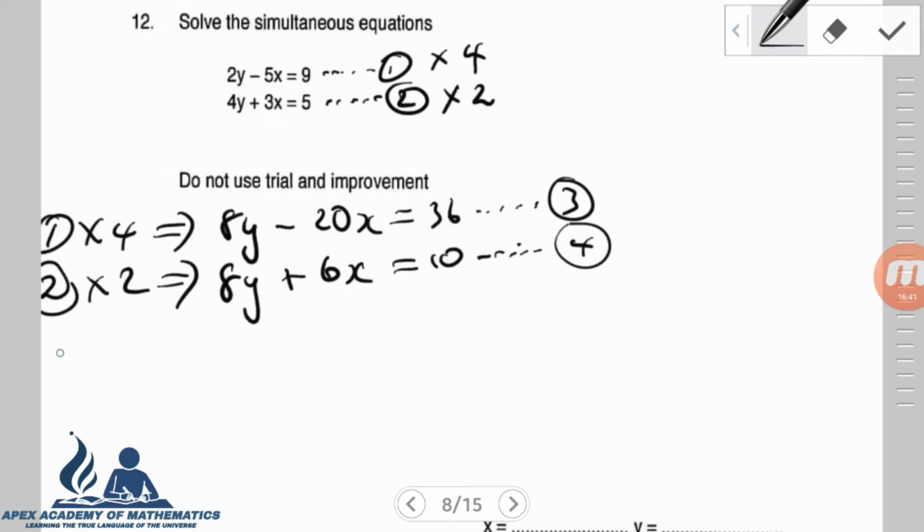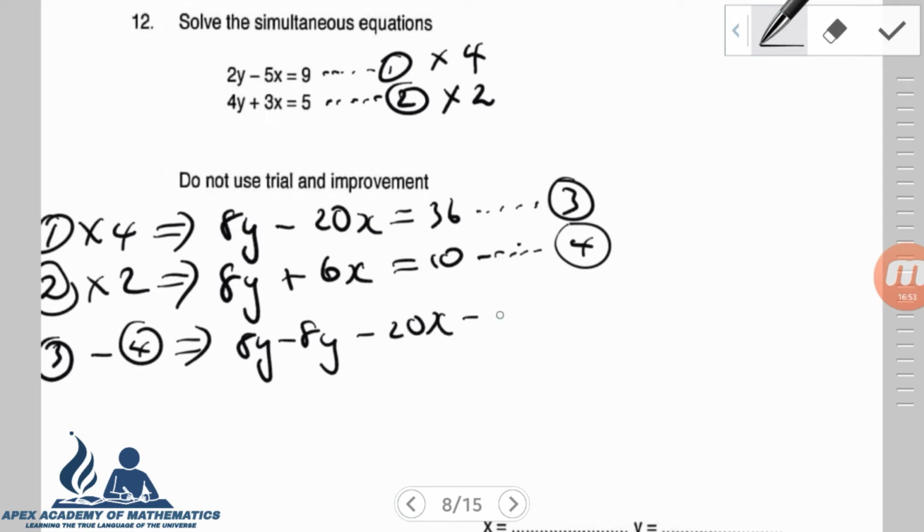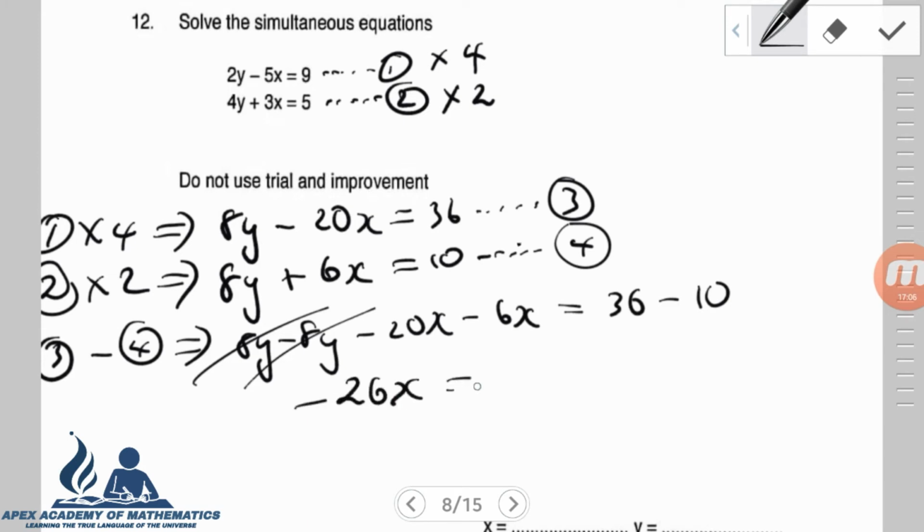So equation 3 minus equation 4 implies we're going to have 8y minus 8y minus 20x minus 6x is equal to 36 minus 10. So these two cancel out, and of course this is minus 26x, and that's equal to 26. 36 minus 10 is 26.